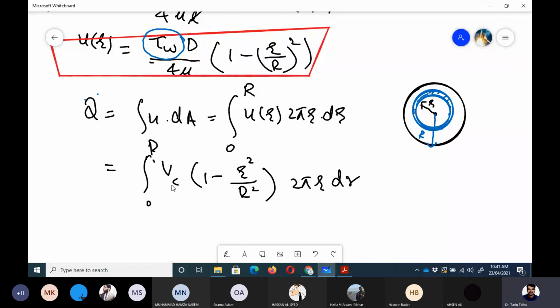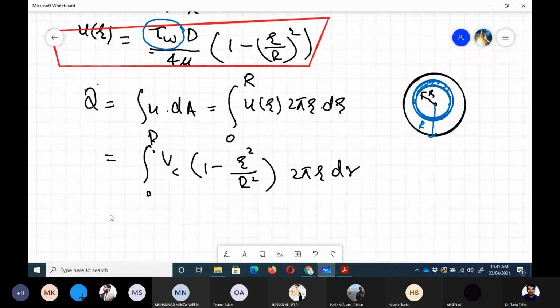I have just written it in a concise form rather than writing that cumbersome form, having delta p and some terms. It was quite difficult to write, so I have written it in terms of center line velocity.